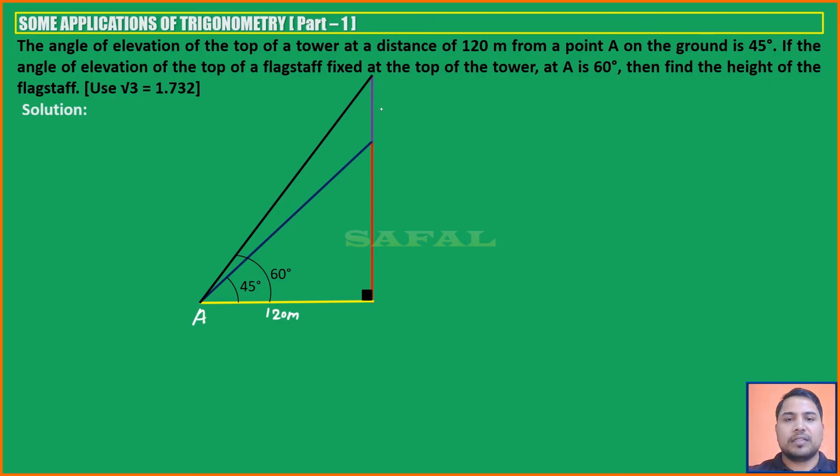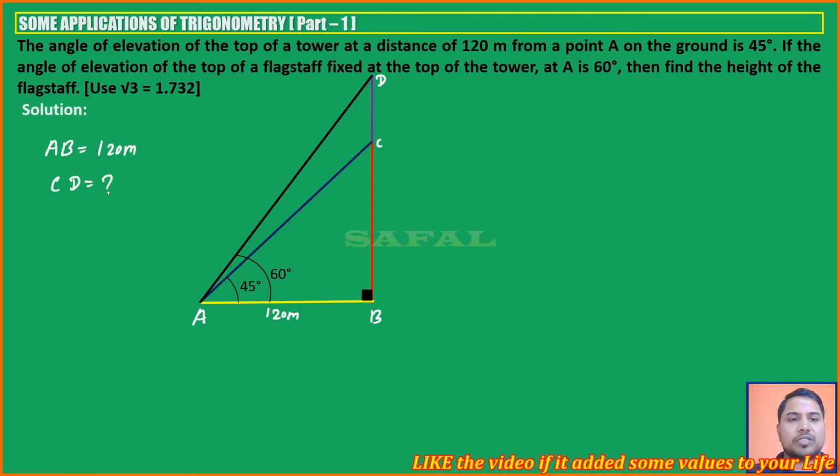So let's name this point B, this point C, and this point D. What they are asking, find the height of the flagstaff, that means CD is the question mark for us. So AB is 120 meter and CD is the question mark.